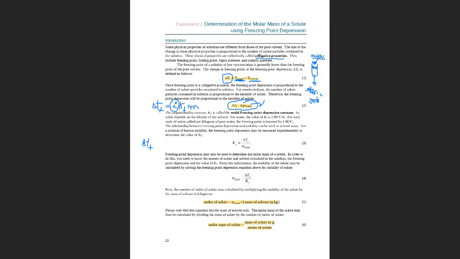I will walk you through step by step, but this is just an overview so you know what all the steps are. First, from Excel, you are going to do the delta TF. From one graph, you calculate the freezing point of just the solvent.